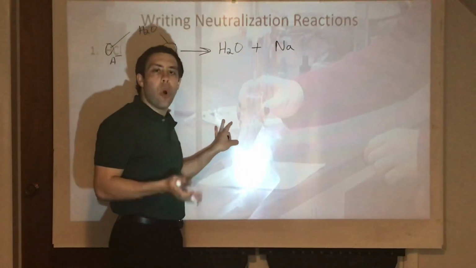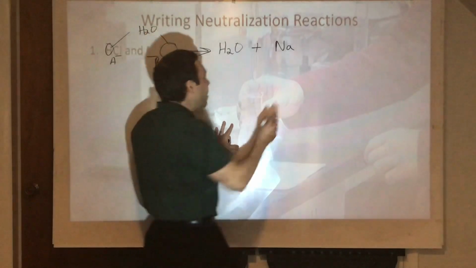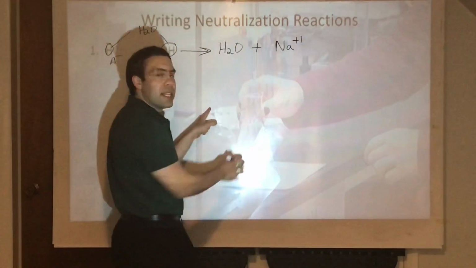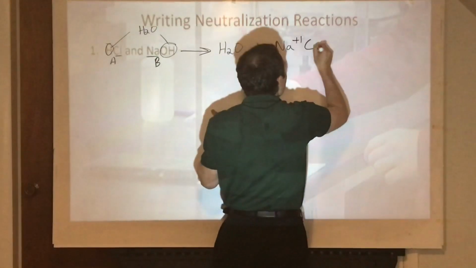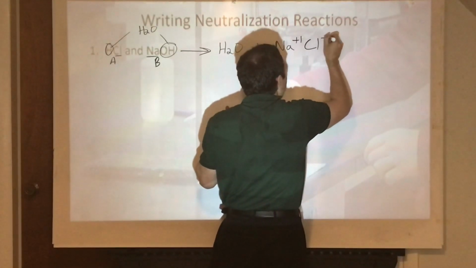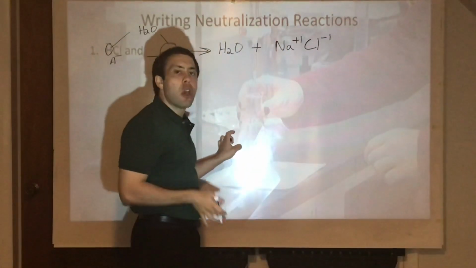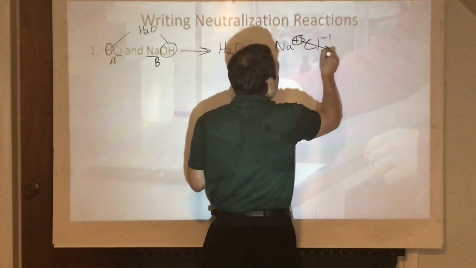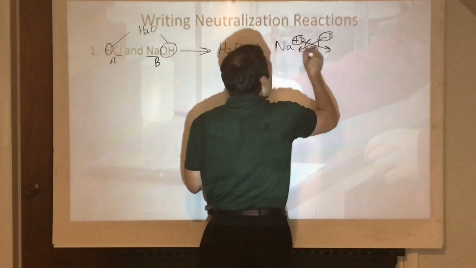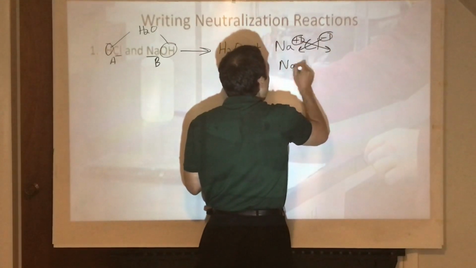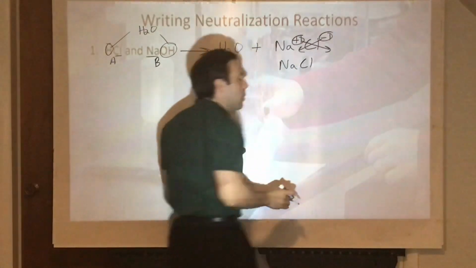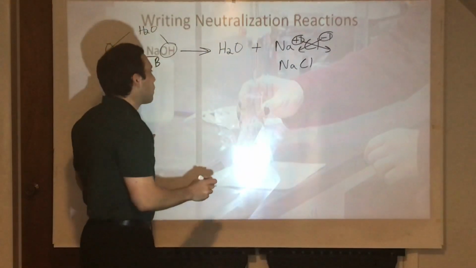Sodium is a group 1 metal, so it has a charge of positive 1. Then we write the chlorine second. Chlorine is in group 17, so it has a charge of negative 1. We perform the crisscross drop swap method, and we get Na1, but we don't write the 1, and Cl1, but we don't write the 1.